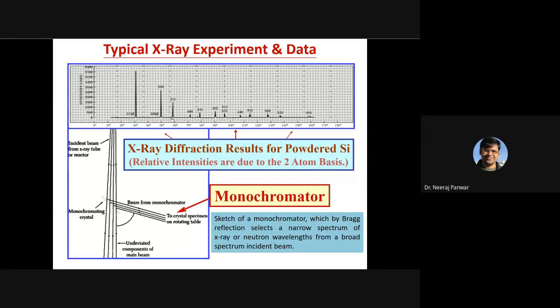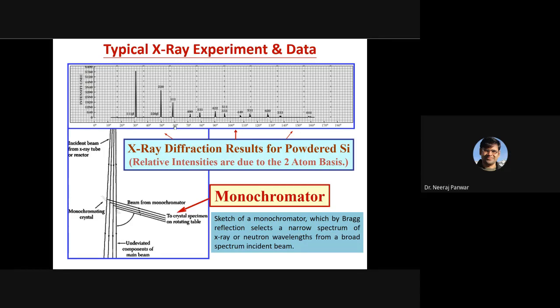So this means that these planes, represented by Miller indices 311, have produced X-ray diffraction when the incident X-ray beam was incident at an angle.